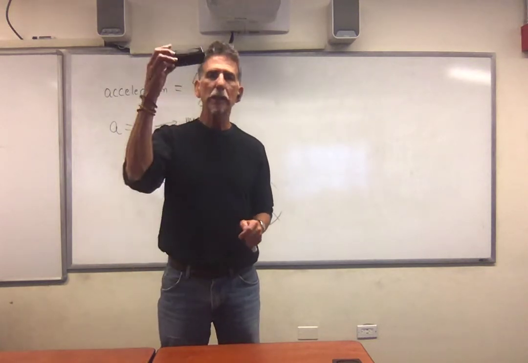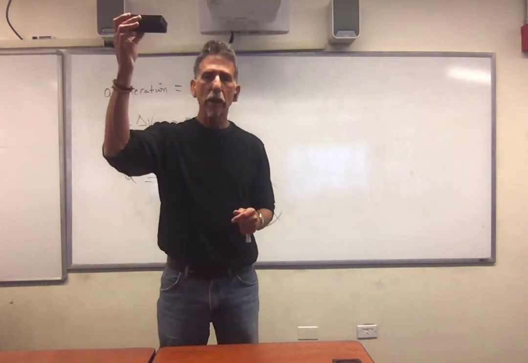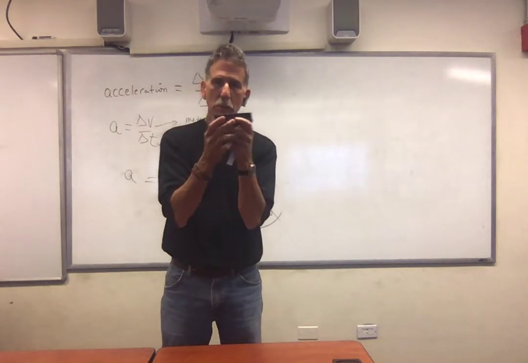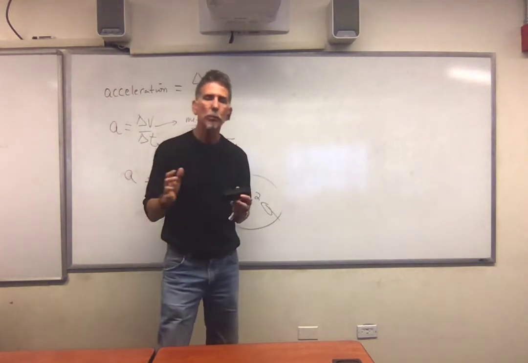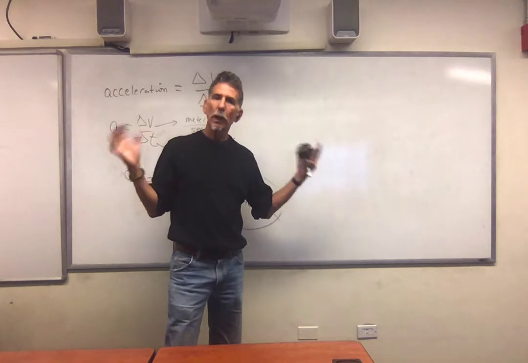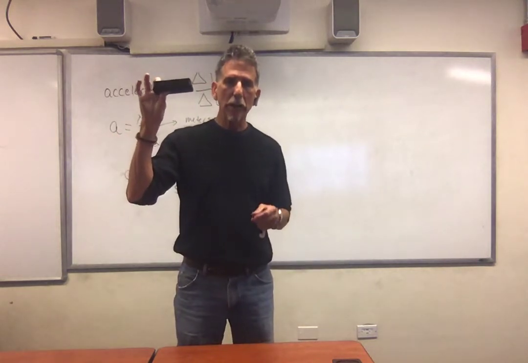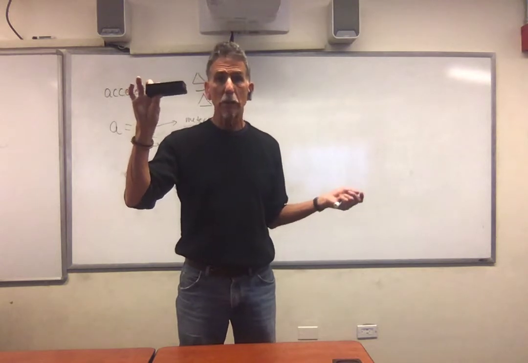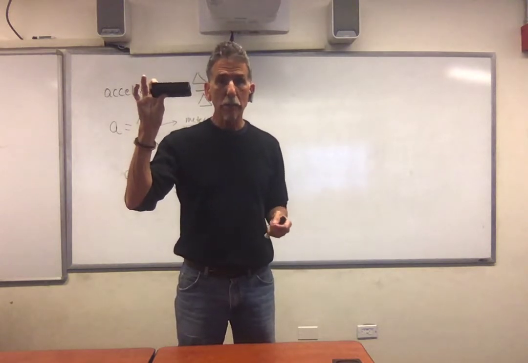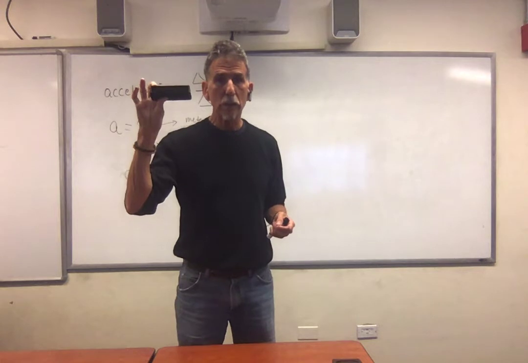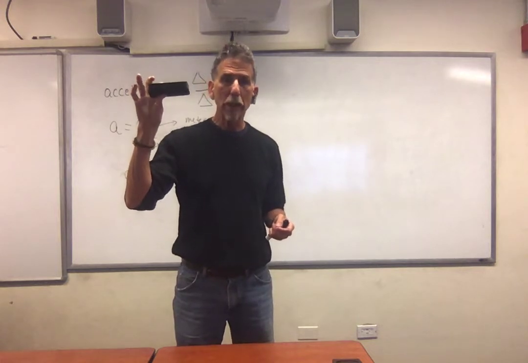If I take this eraser and I let go, well, right now, in this classroom, when I hold this eraser, its speed is 0. If I let go, its speed changes. So what happens when I let go?